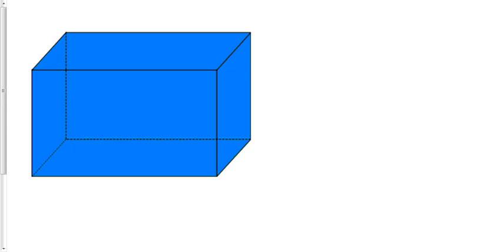So I've got this blue shaded cuboid, and we know how to measure the volume of a cuboid. We do length times breadth times height. So one problem that I put to you in class recently was, let's see how many litres of water would fill up a bath. And I think we agreed that the dimensions I used for the bath maybe weren't the best in the world.